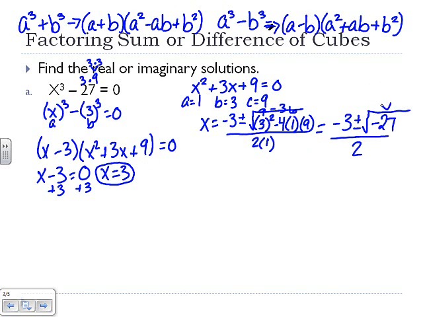Now we need to break down 27. 27 is 3 times 9, and 9 is 3 times 3. So we can make a group to bring out of the root, as well as we need to bring out the negative. So now x becomes negative 3 plus or minus 3i square root 3, all divided by 2.